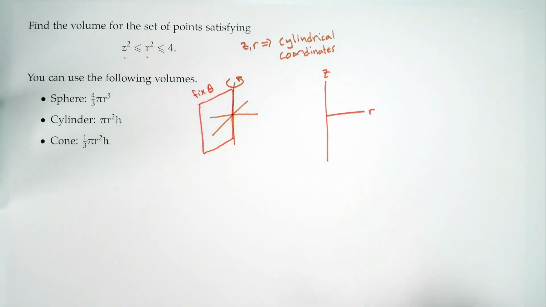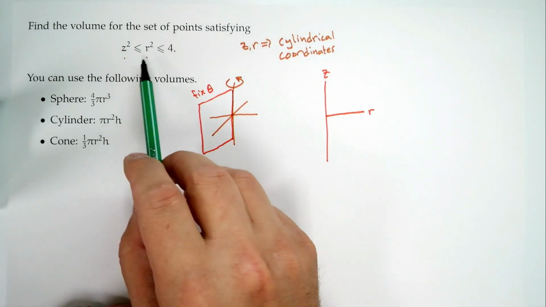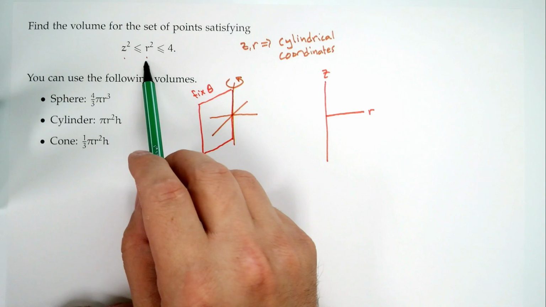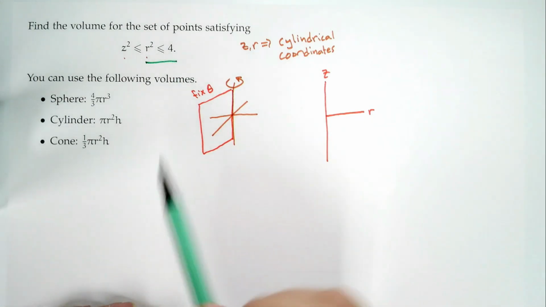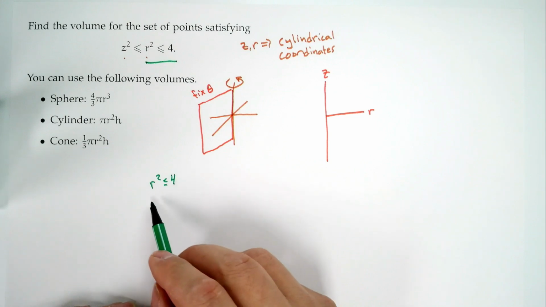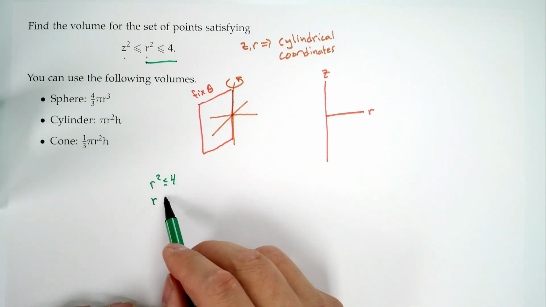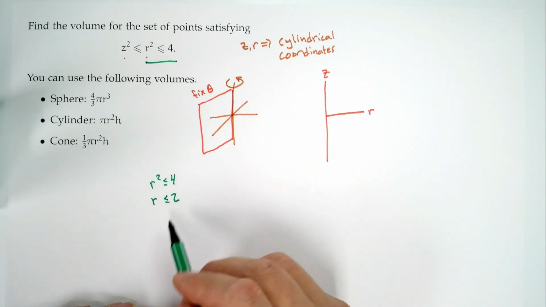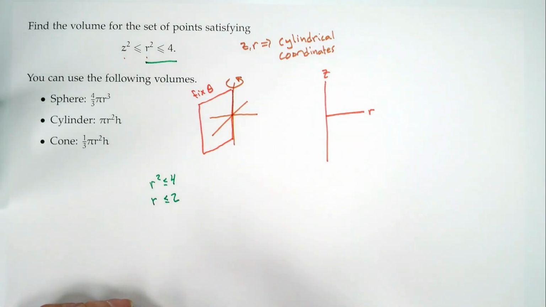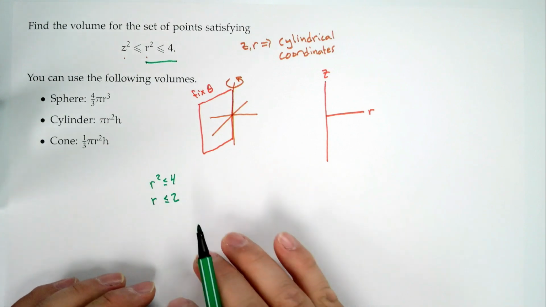Okay, so let's take a look at what we have. We have z squared less than or equal to r squared and r squared less than or equal to 4. If we start with the second one, r squared less than or equal to 4, well, that tells us r has to be less than or equal to 2. Now, technically it tells us that negative 2 is less than or equal to r, which is less than or equal to positive 2.